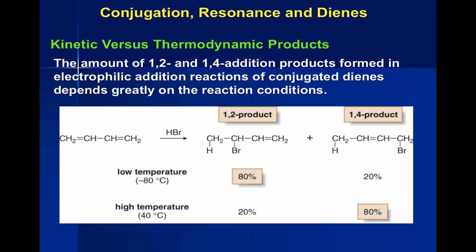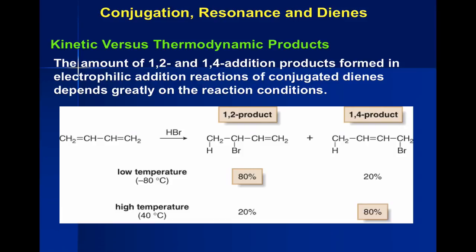Now, it turns out that reaction conditions make all the difference here. So for example, if we take our 1,3-butadiene and HBr, and we take this down to really cold temperatures, like -80, okay, so putting it in a bath of dry ice and acetone will get us to -78, something like that. And we add that one equivalent of HBr, what we'll find is that 80% of our product is going to be the 1,2 addition product, and only 20% is going to be the 1,4 or the conjugate addition product.